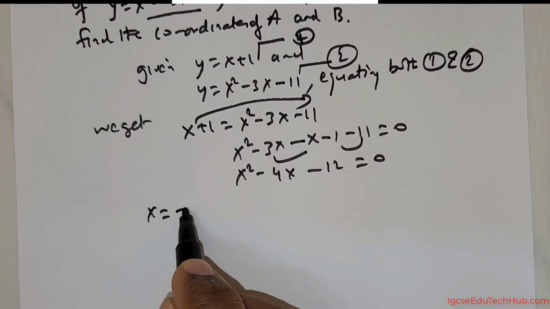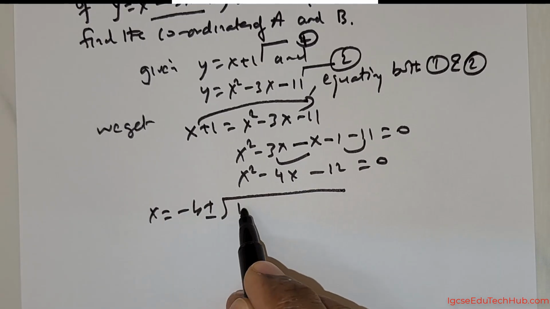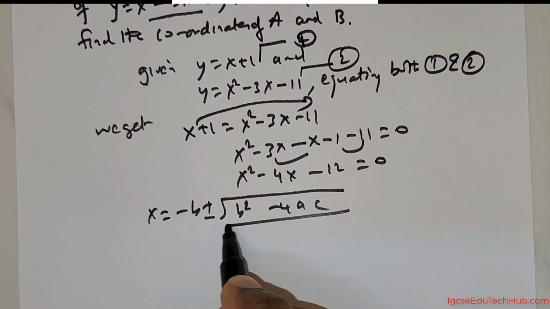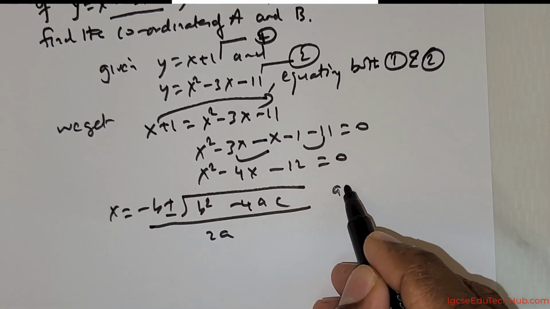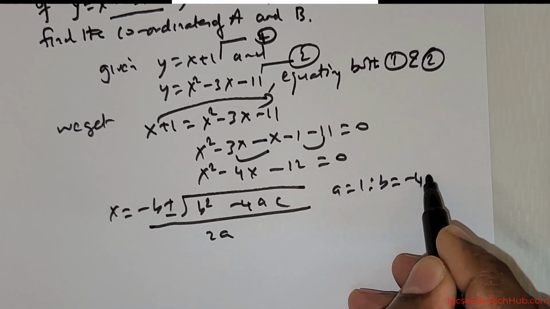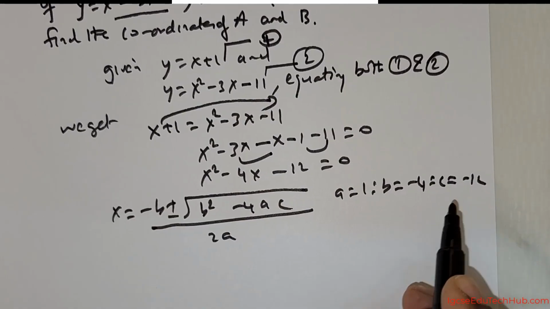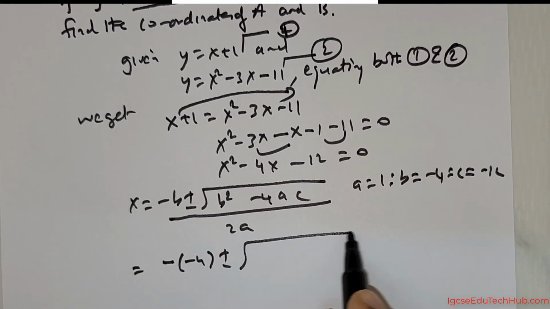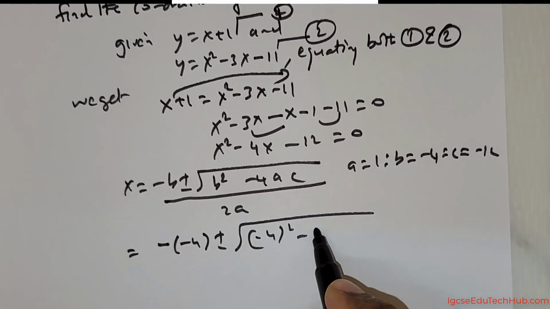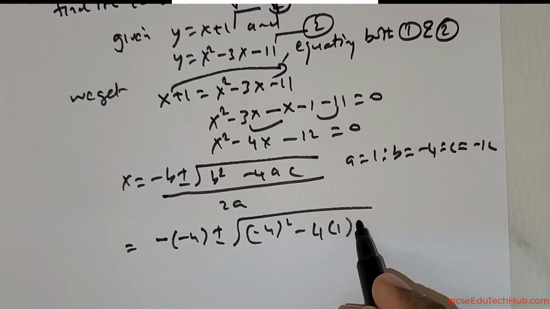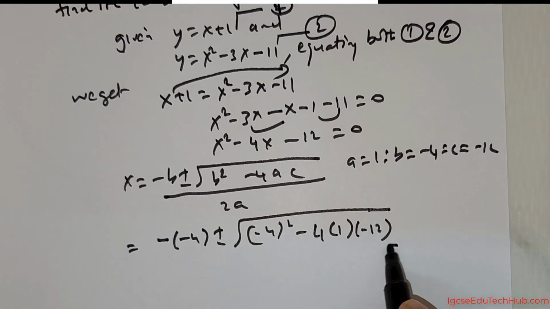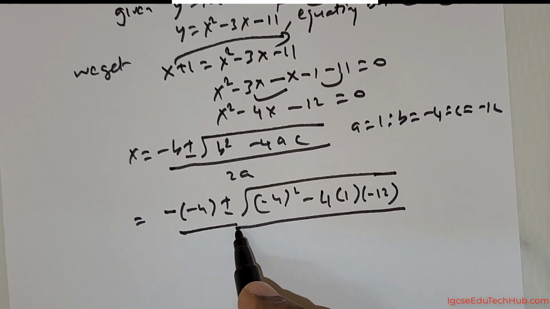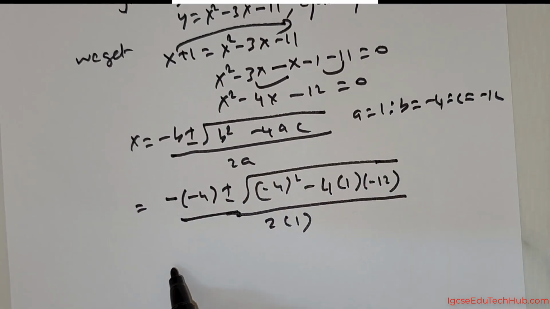I use the quadratic formula, x is equal to −b ± √(b² − 4ac) divided by 2a, where a is equal to 1, b is equal to −4 and c is equal to −12. You substitute that, you get −(−4) ± √((−4)² − 4 times 1 times −12) divided by 2 times a.